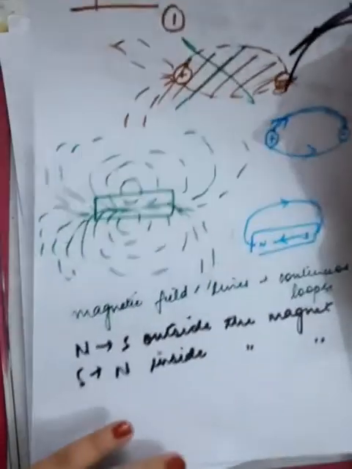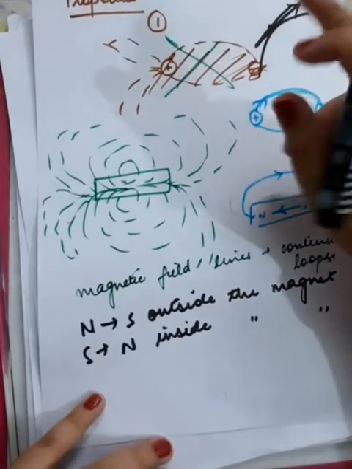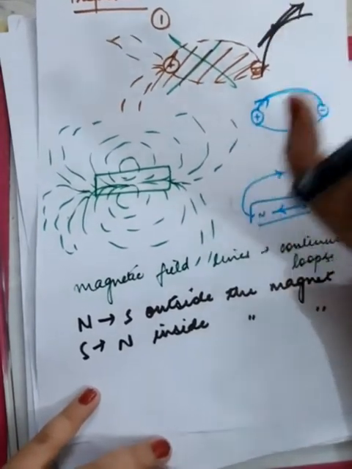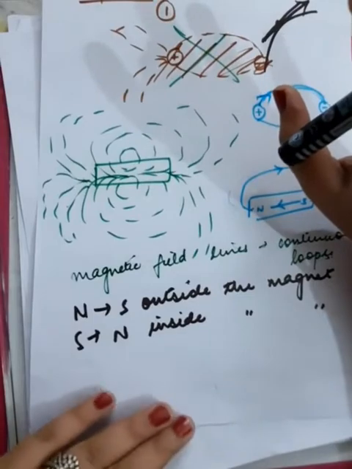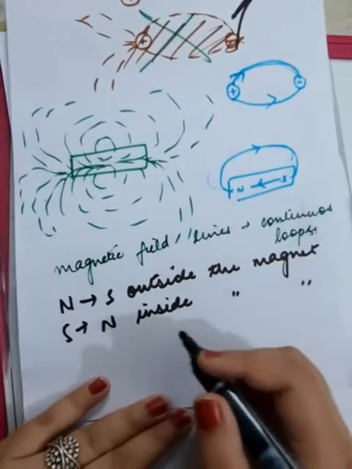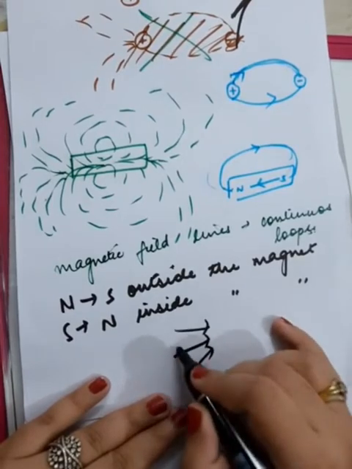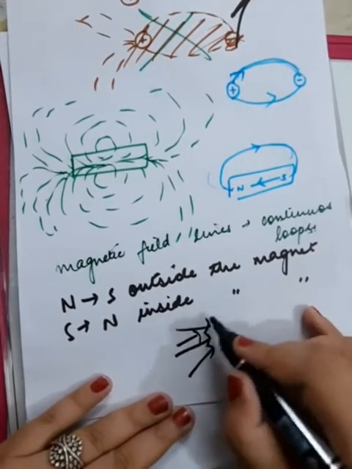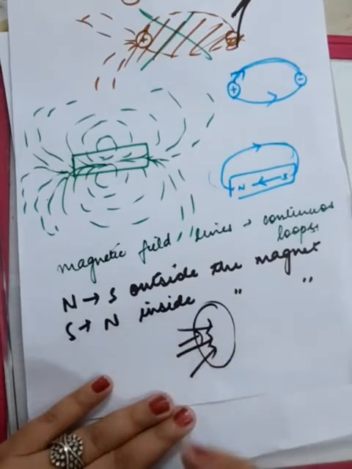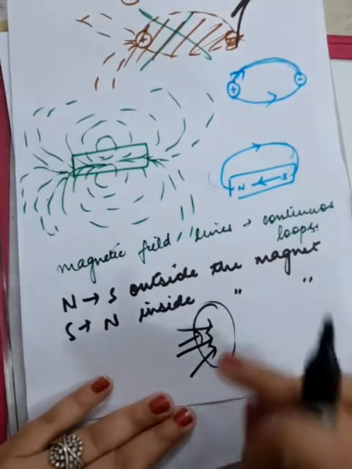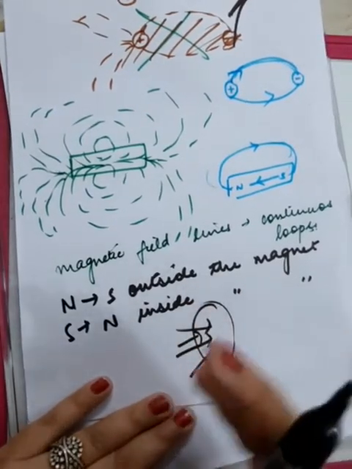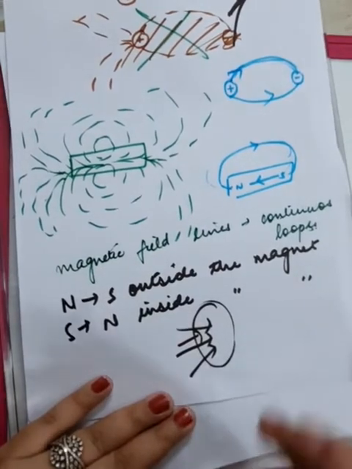Once again, we are going to analyze the same fact of crowdedness of magnetic field lines. Basically, I told you that if magnetic field lines are very crowded somewhere, that would mean the intensity of magnetic field in that region is very high.